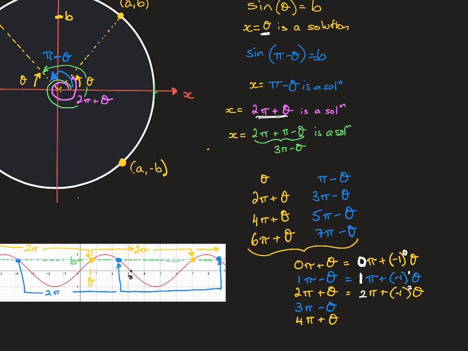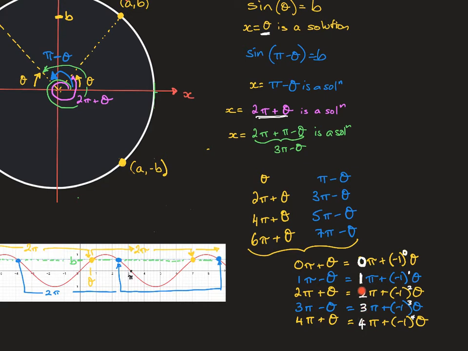Let's just double check it with our next two answers. 3 pi, that's right. Minus 1 to the power of 3 gives us a negative answer, plus a negative gives us the minus we're after. For the last one, we've got 4 pi, and minus 1 to the power of 4 gives us a positive 1, plus positive 1 gives us the positive that we've got here. So we've definitely got a pattern here.